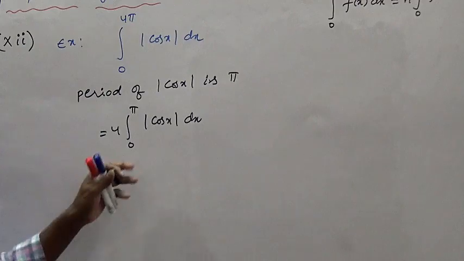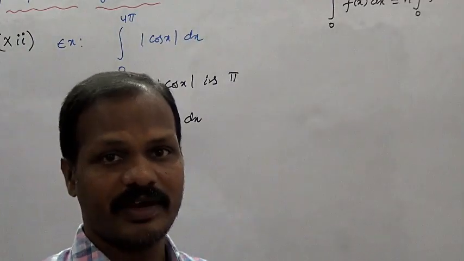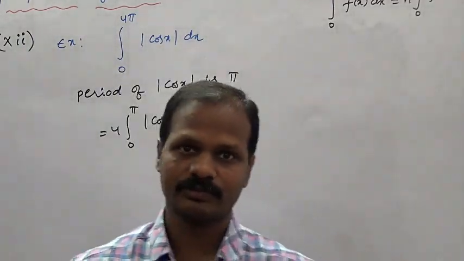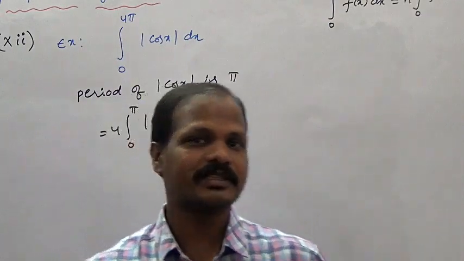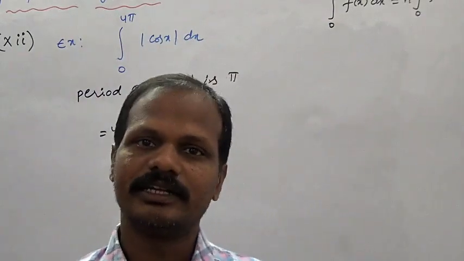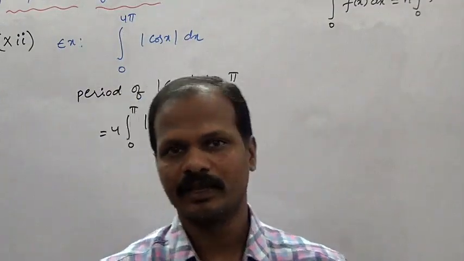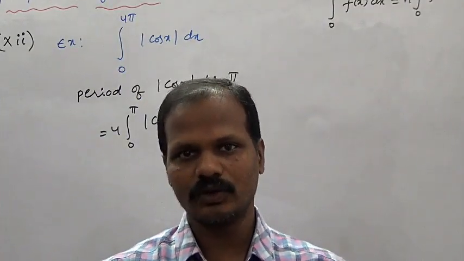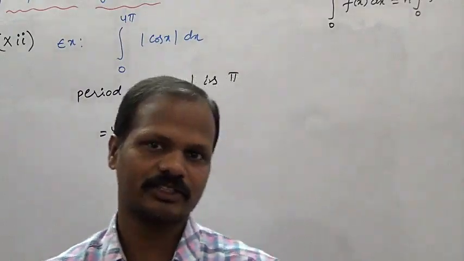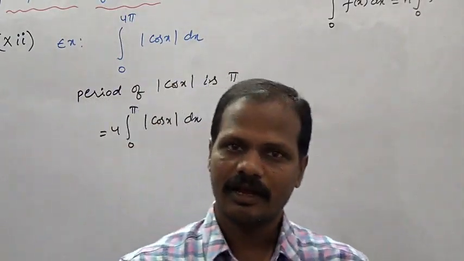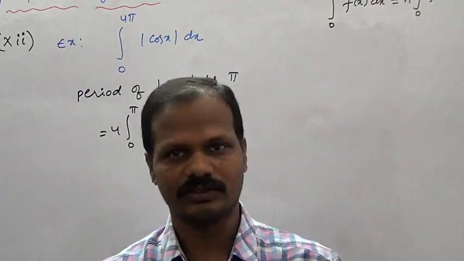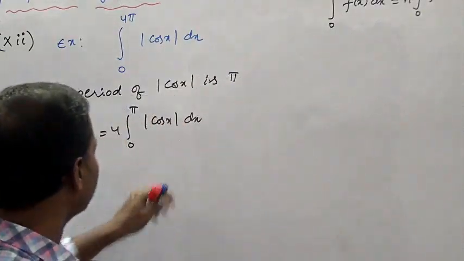Now this is the modulus function, so when you are doing a modulus function problem, you have to split the integral where it is positive and where it is negative. Because mod x equals x for x greater than or equal to 0, and minus x for x less than 0. So you have to split this one.